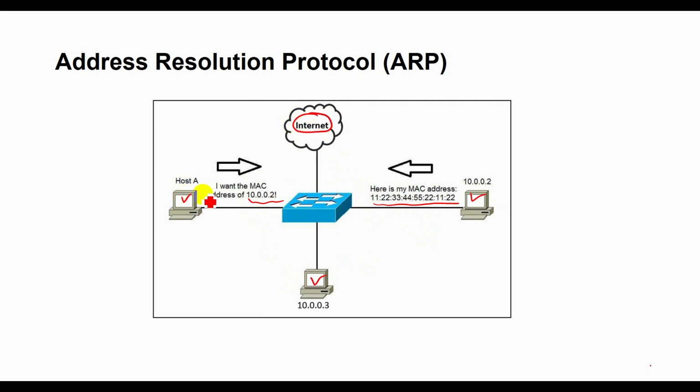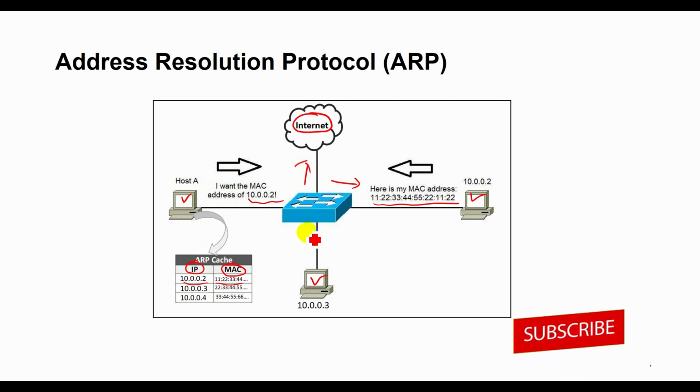Hosts maintain an ARP cache, a mapping table between IP addresses and MAC addresses, and use it to connect to destinations on the network. If the host doesn't know the MAC address for a certain IP address, it sends out an ARP request packet asking other machines on the network for the matching MAC address.